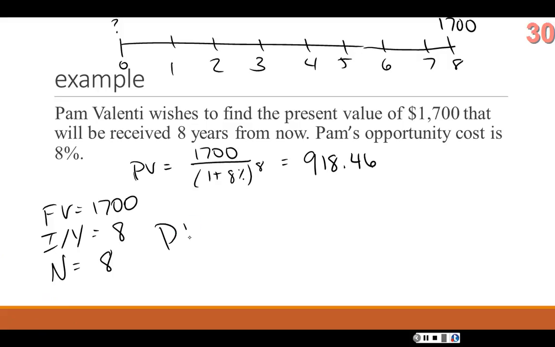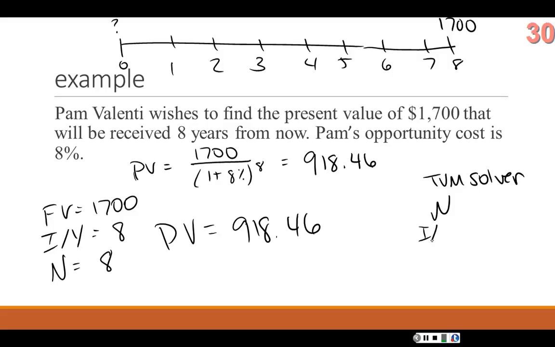So the present value, $918.46. If you're using a graphing calculator, when you pull up your TVM solver, you should see these same inputs. So it's going to say, I may get the order wrong here, I don't have a graphing calculator, N, IY, PV, future value, and payment. I'm almost certain I have the order wrong.